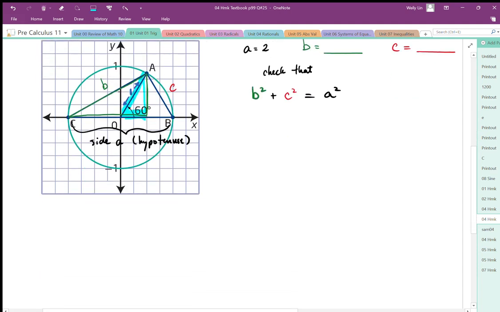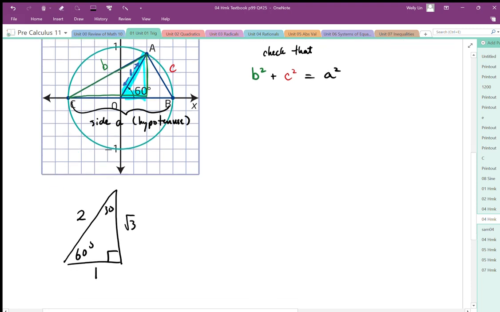If we know our special triangle ratios, they are 60 degrees, 90 degrees, 30 degrees, and it's going to be in the ratio of 2 to 1 to root 3. Okay, so we can also do this in terms of a unit circle and say that that is 1, root 3 over 2 and 1/2.